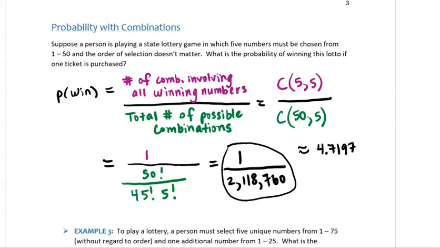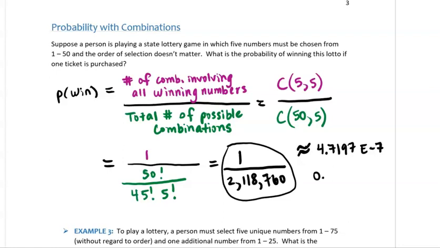Now, if I punch that into a calculator, my calculator displays something like 4.7197E-7. That E-7 is scientific notation, and every calculator displays it a little differently. What that means is that the decimal would need to be moved 7 places to the left.